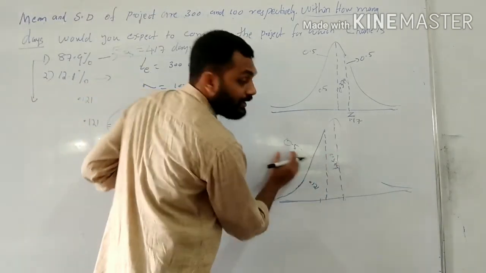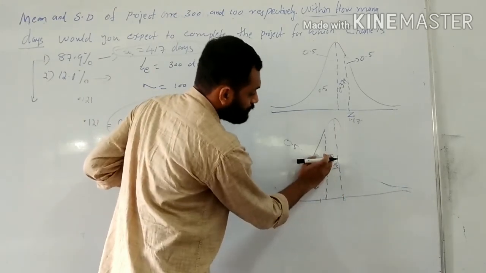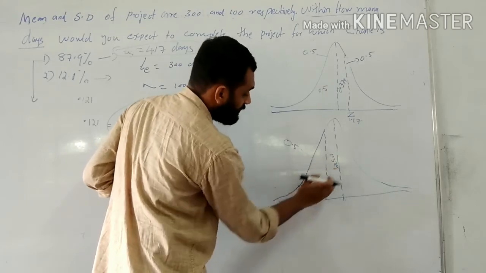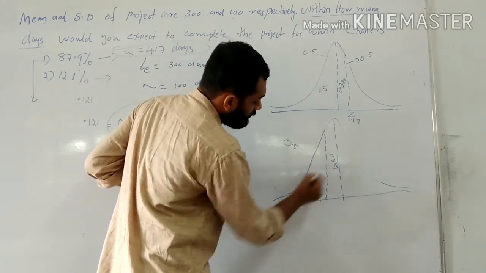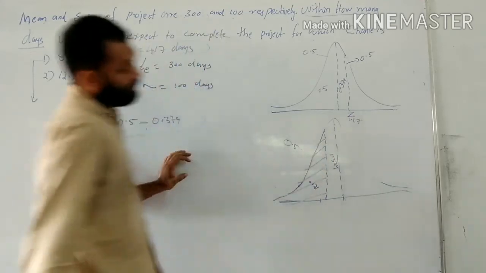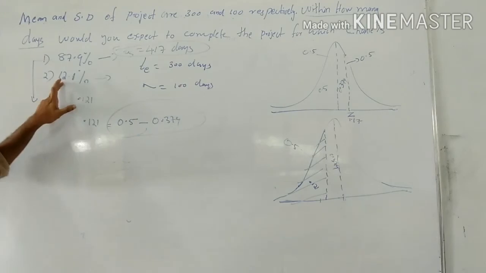So 0.5 minus 0.379 is equal to 0.121. This is the area given as the probability.